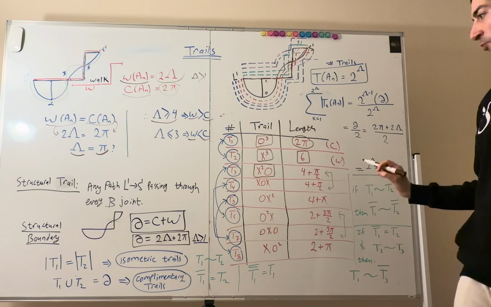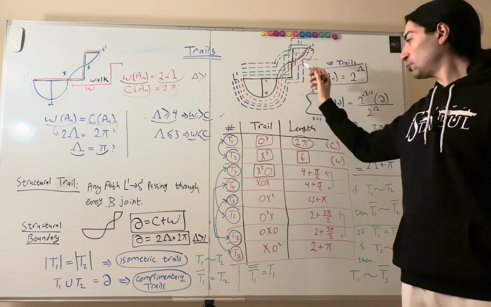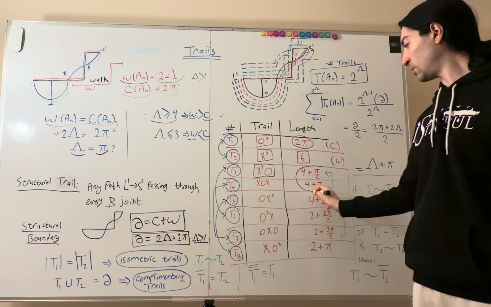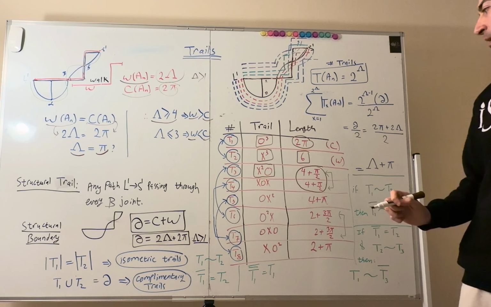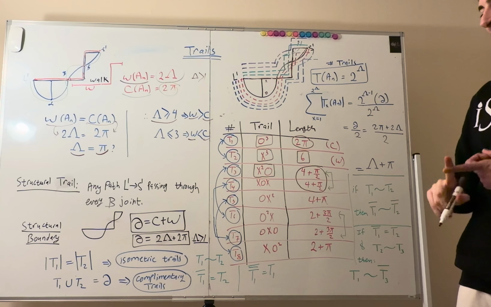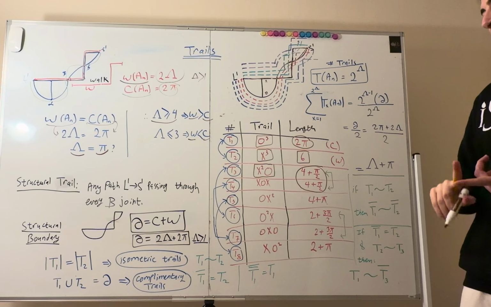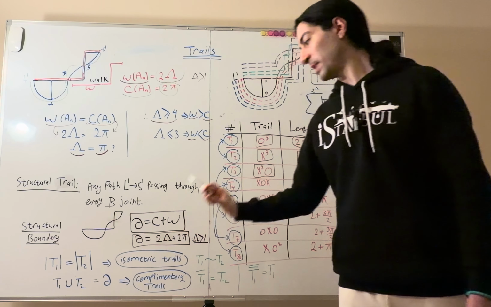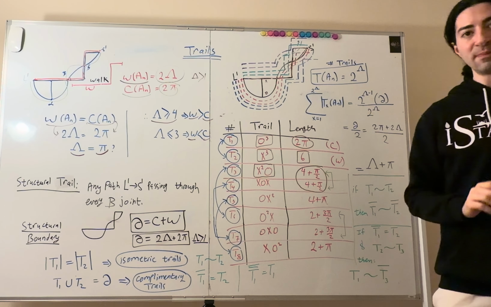So let me stop here for a second. For any two trails that have the exact same length, so in this case it's 4 plus pi over 2, if the lengths of two trails are identical, we will call them isometric trails.